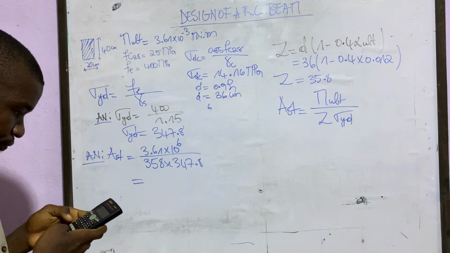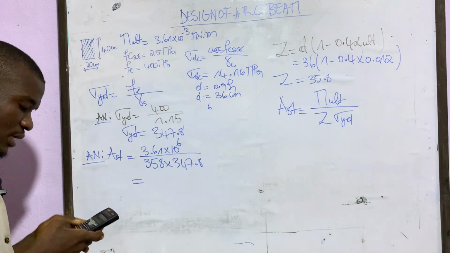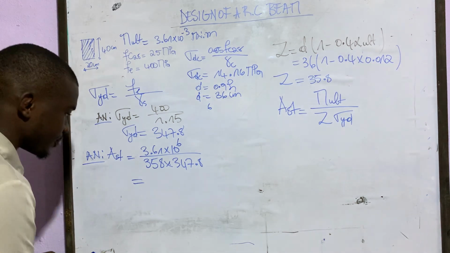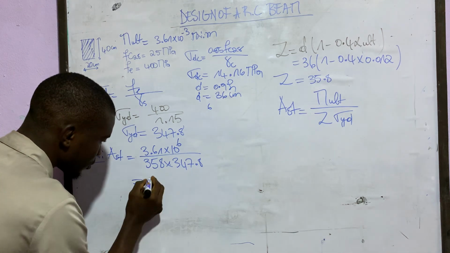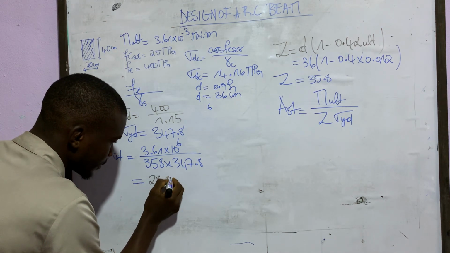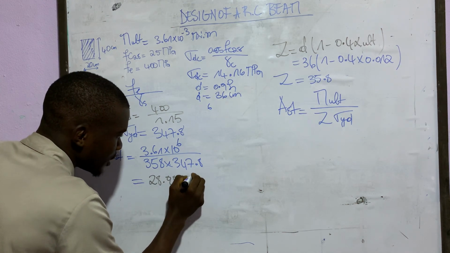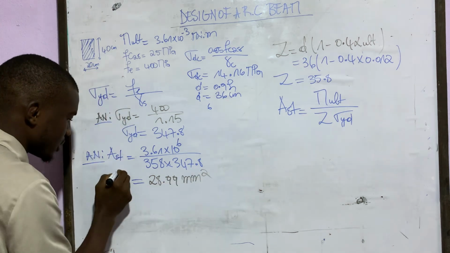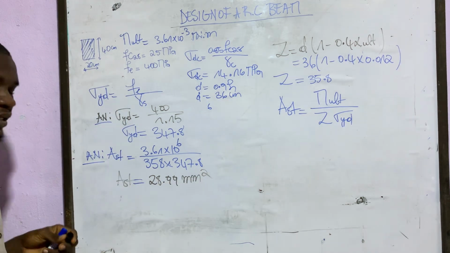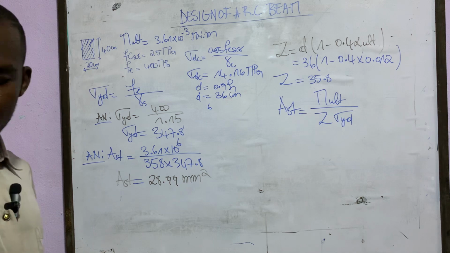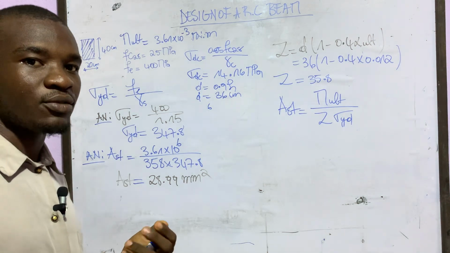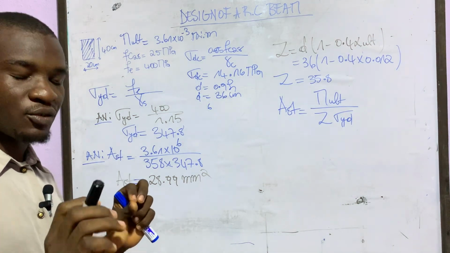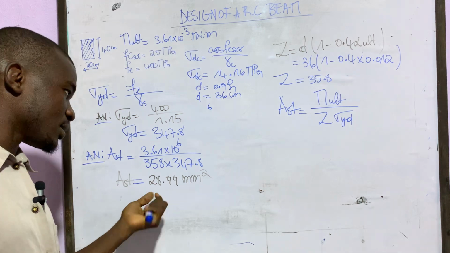We obtain 28.99. So 28.99 is in millimeter square. This is the area of the steel for the tension area. Remember we are in pivot A, so we actually try to reinforce our beam in the tension area.